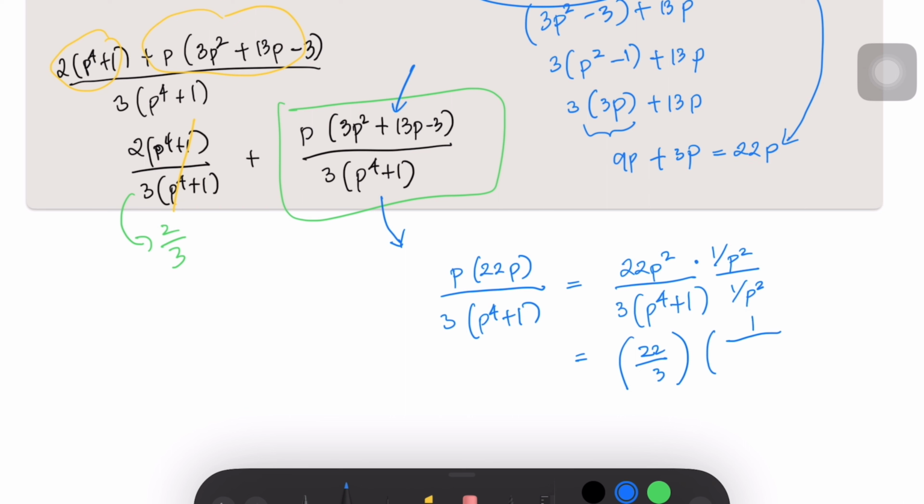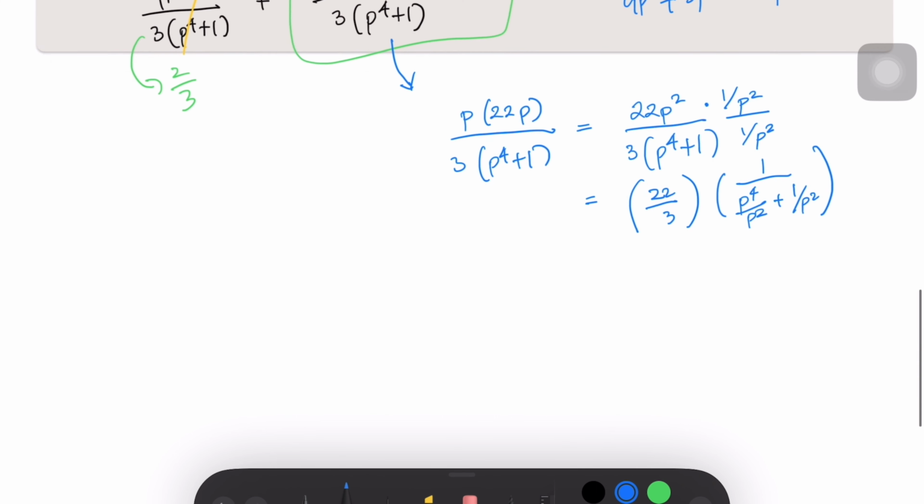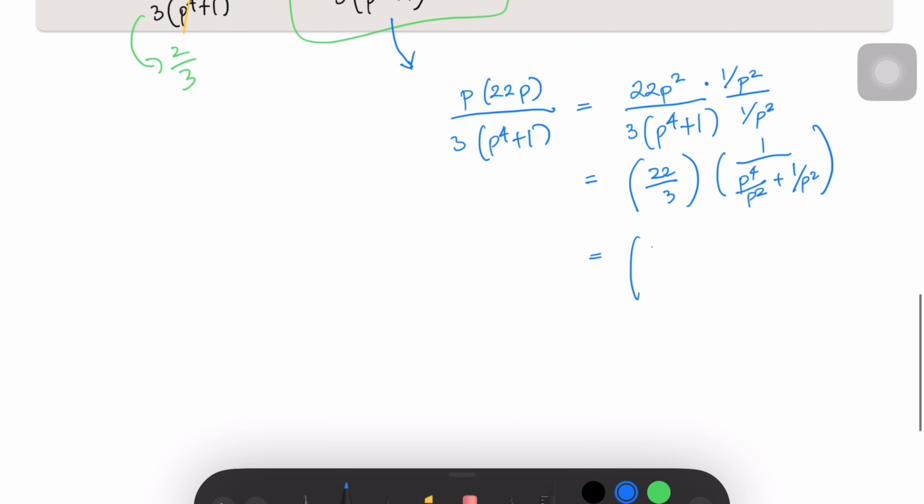This becomes 1 over p to the fourth over p squared plus 1 over p squared. This should simplify to 22 over 3 times 1 over p squared plus 1 over p squared. Okay, so we have another term here that involves p squared plus 1 over p squared.